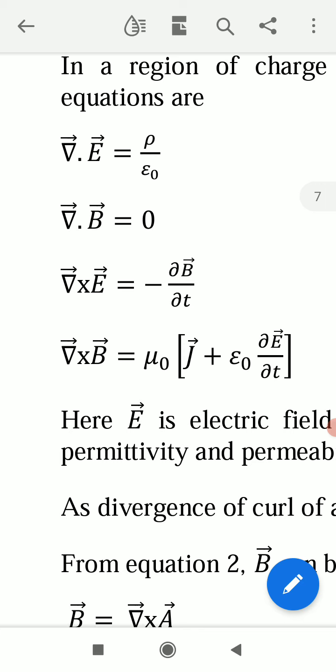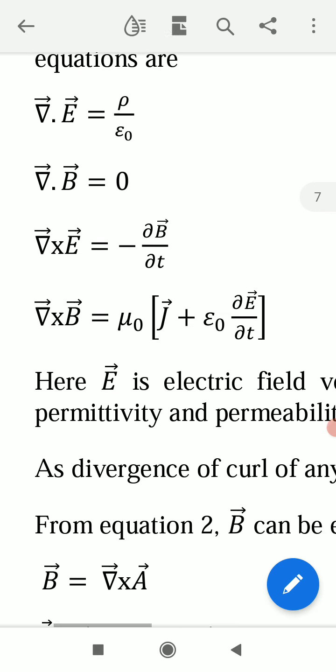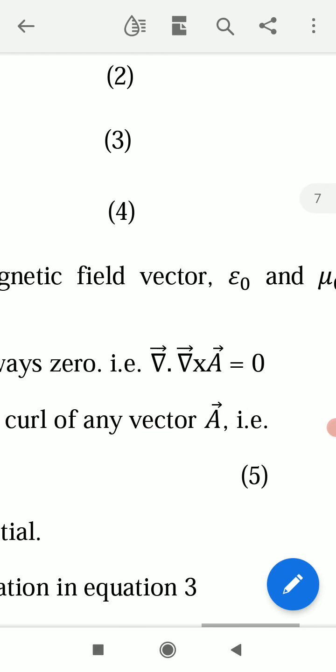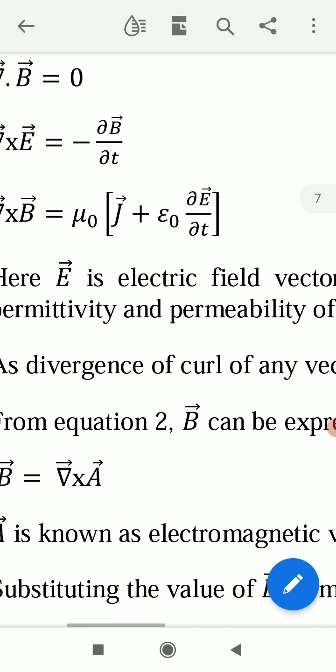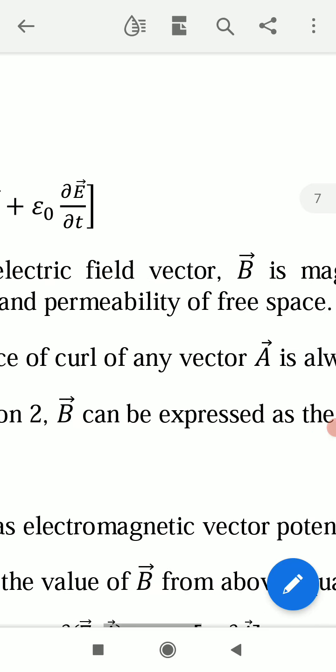Third is del cross E equal to minus delta B upon delta T. And fourth is del cross B equal to mu 0 into J plus epsilon 0 delta E upon delta T. Here E vector is electric field vector, B vector is magnetic field vector, epsilon 0 and mu 0 are permittivity and permeability of free space.